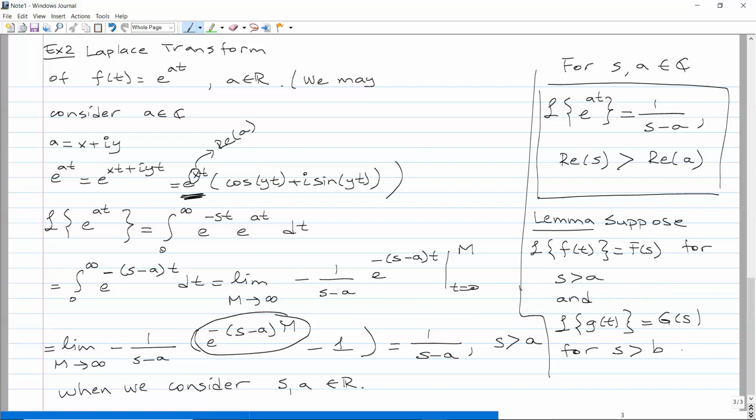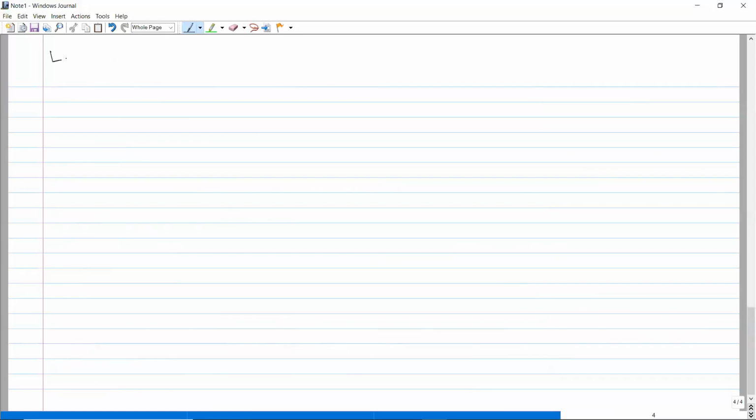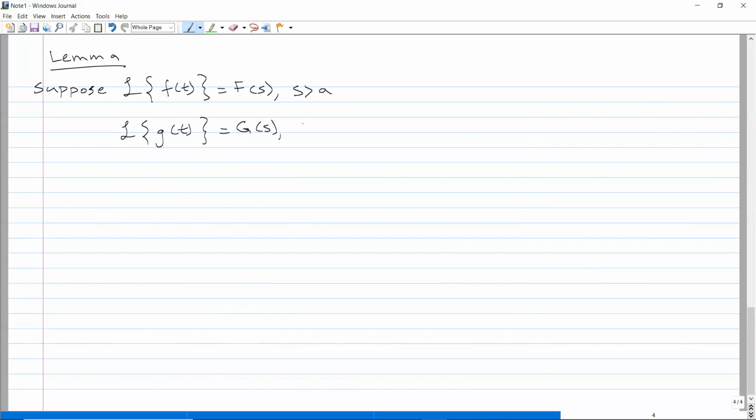I'm not going to have enough space here, so let me go to the other page. Let me rewrite the lemma. So suppose the Laplace transform of f of t is capital F of s for s greater than a, and the Laplace transform of g of t is capital G of s for s greater than b.